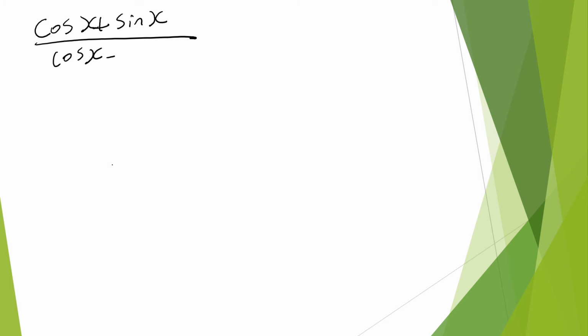Okay, the next questions, obviously we'll have to do some proof, because that's the whole point, or the main point, of the trig identities. So let's say you want to prove this: cosine x plus sine x over, plus, it's a long one.